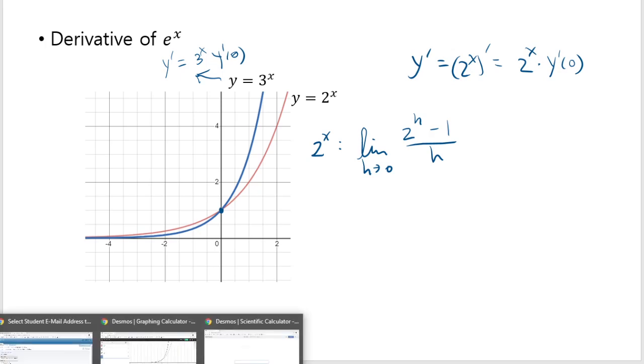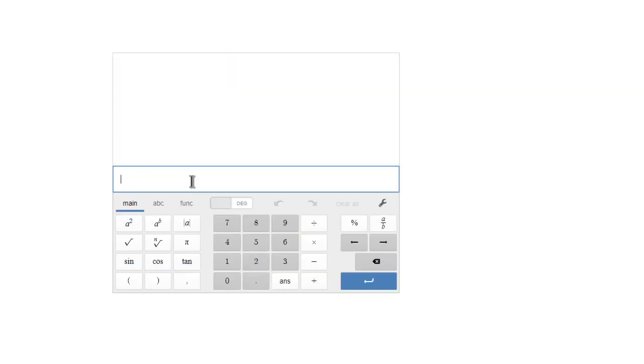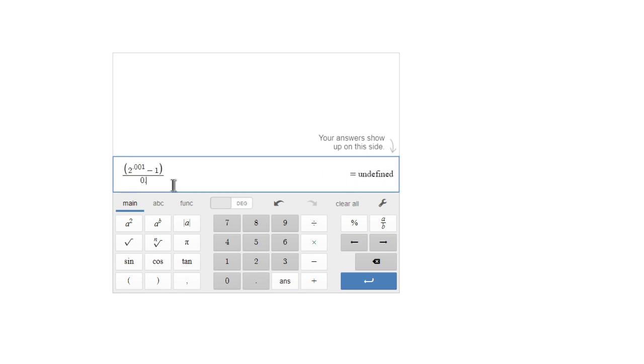Let's see, calculator here. And I'm going to just set h to be like 0.001. That's pretty close to 0, right? So we're going to do 2 to the power of 0.001, and that's what you have, right? And then you subtract 1, and this entire thing has to be divided by 0.001, which is 0.6933.